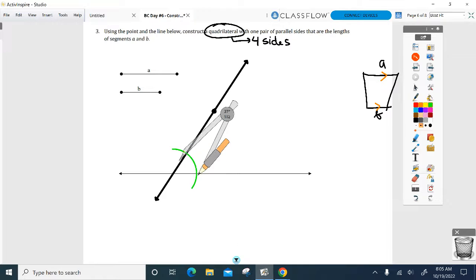So now I go up to the endpoint, and I make another arc through that ray right there. Let me redo this. Right on the ray I have up here, I'm going to make that same arc. Hopefully I have 2 arcs right above each other that don't intersect.